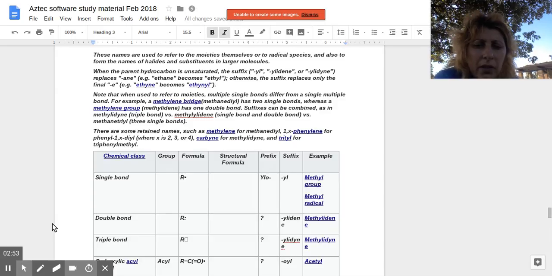So multiple single bonds differ from a single multiple bond. A methylene bridge has two single bonds. A methylene group has one double bond. Two single bonds, one double bond.